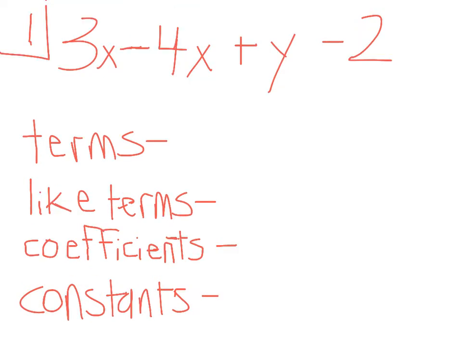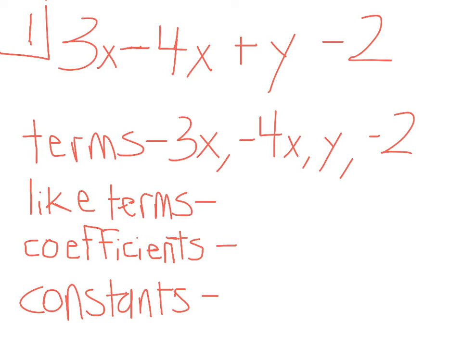Example 1 here on page 130, it says 3x minus 4x plus y minus 2. Let's list all of these things out. The terms, we're going to list those. Terms are 3x, negative 4x, y is a term, and negative 2 is a term. Then we have like terms.